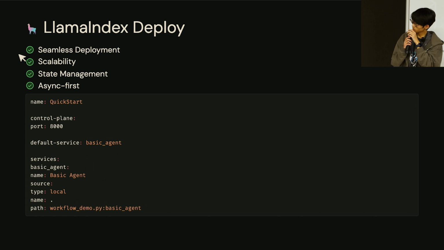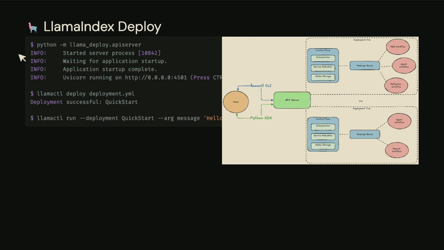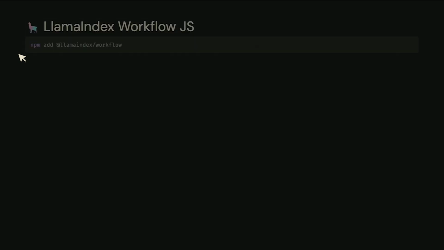Then you basically just need to write a YAML file, run it in your terminal, and you can easily deploy your workflow into production. And this is the diagram. Also, in JavaScript, I'm mainly maintaining our LlamaIndex JavaScript.